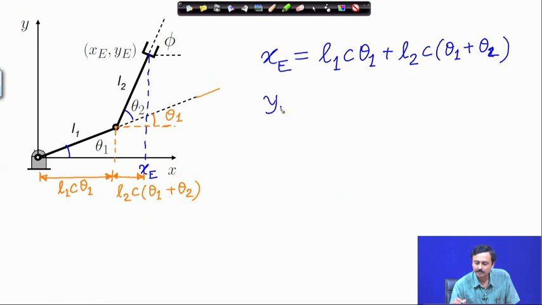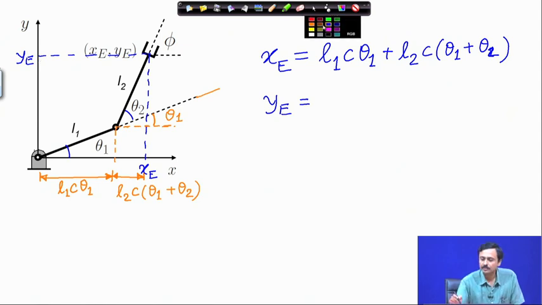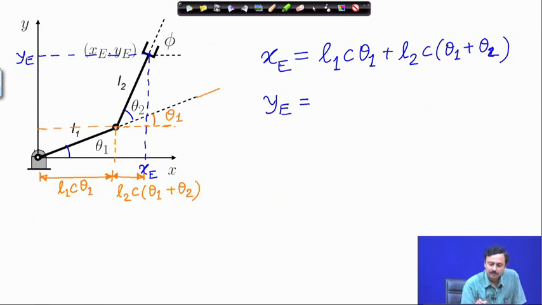What about y e? In a similar manner you can see this is y e. It is the summation of these two distances. This is the first distance and the second.